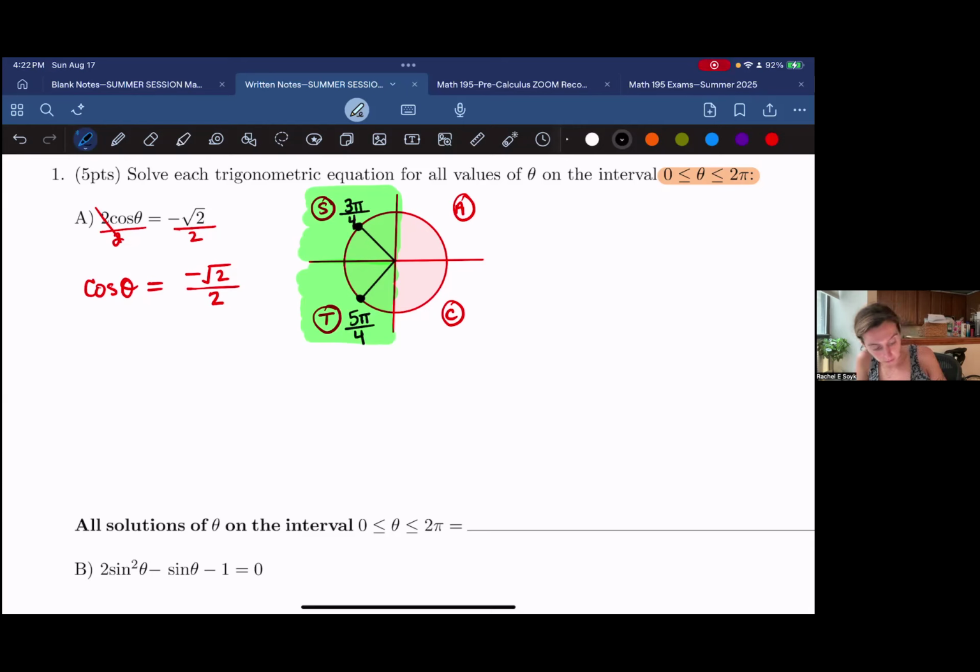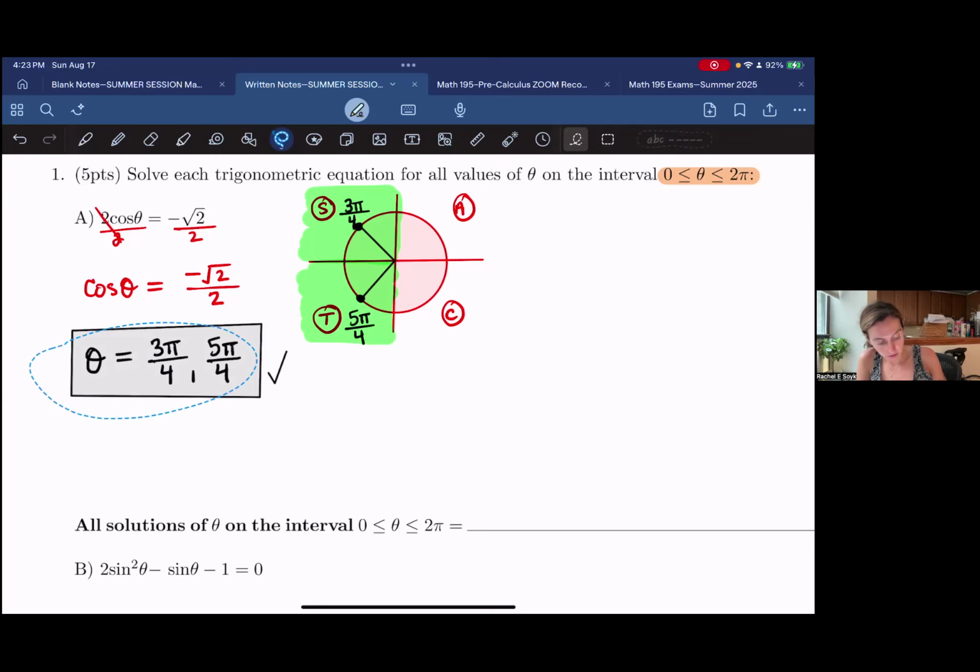So what are our two solutions for theta? 3 pi over 4, and 5 pi over 4, and we're going to keep it in radians for our final answer because notice how the bounds in the question, 0 to 2 pi, is in radians.